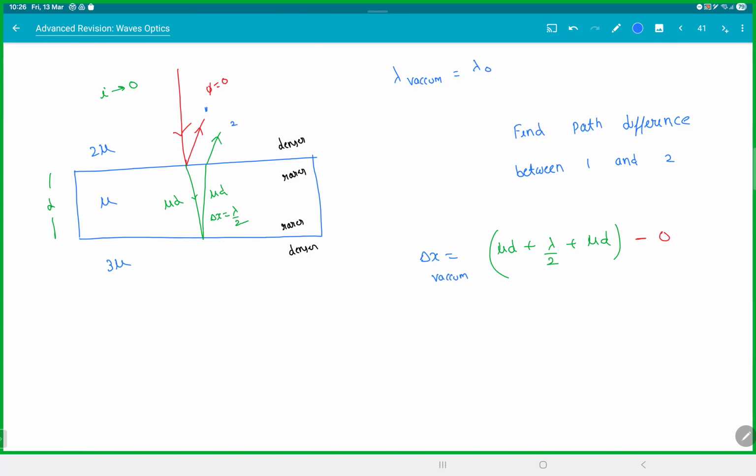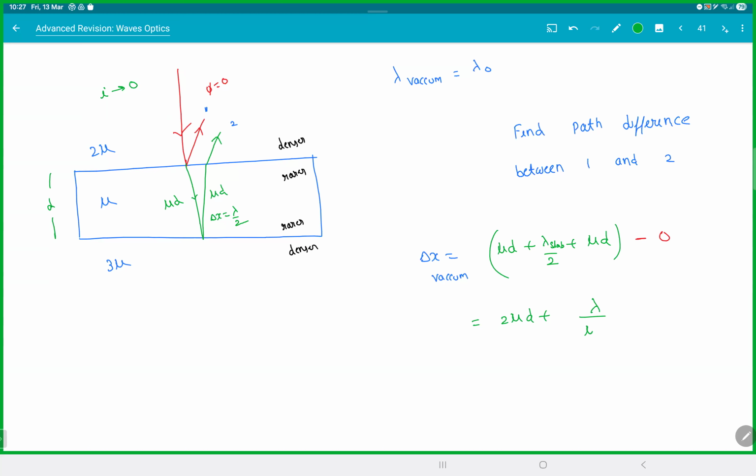Clear with this? There is one more thing, beta. What is this lambda exactly? This is the lambda in the slab. That is not lambda in the vacuum. Because if you're reflecting inside, the wavelength has already changed, isn't it? The wavelength will be lambda slab. So this will be 2 mu d. What is the lambda slab?